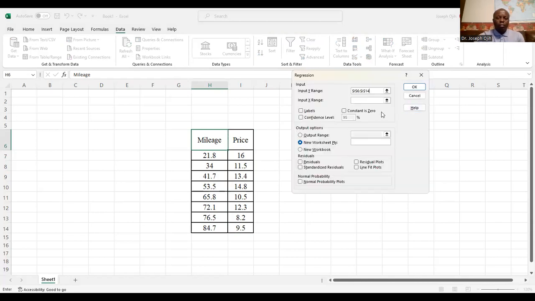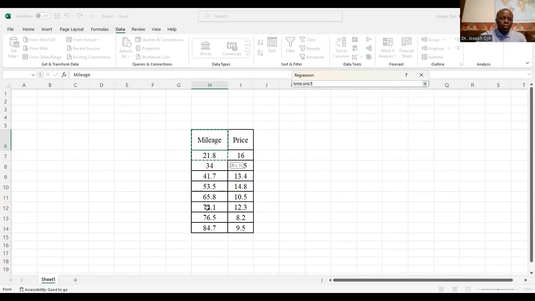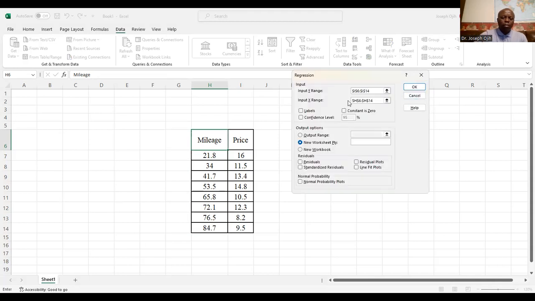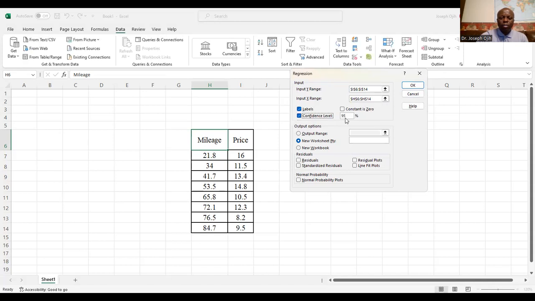Then for the X range, you do the same with mileage. Because we selected their names, we check the Labels box. And because alpha is 0.05, we set the confidence level to 95%.